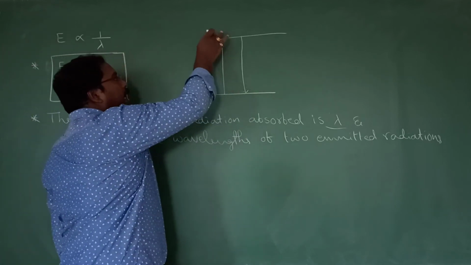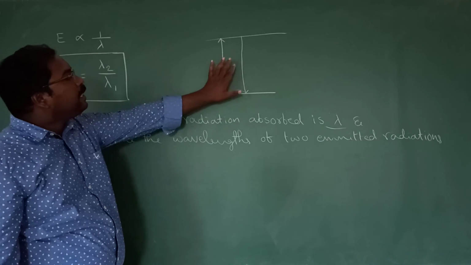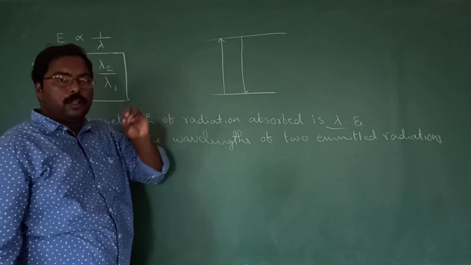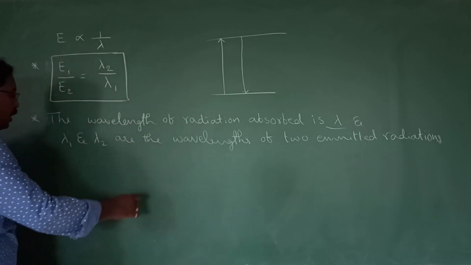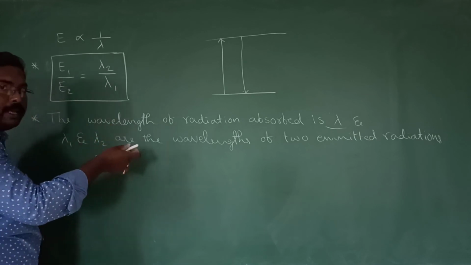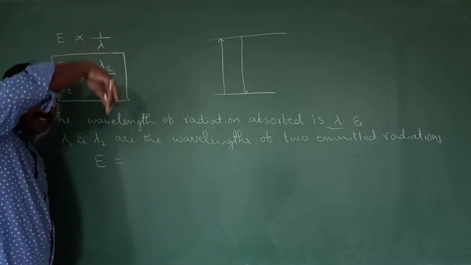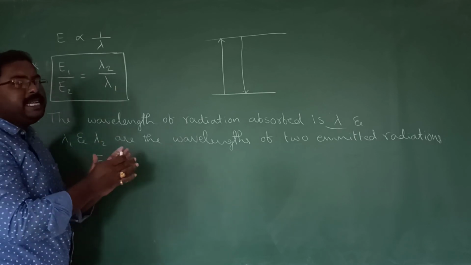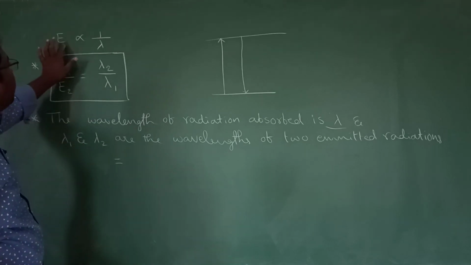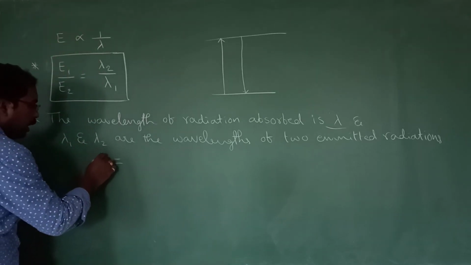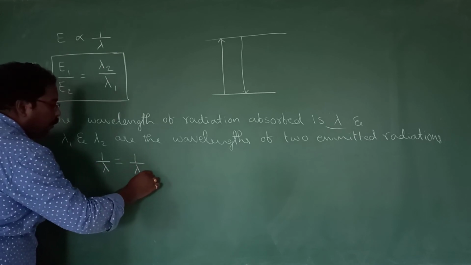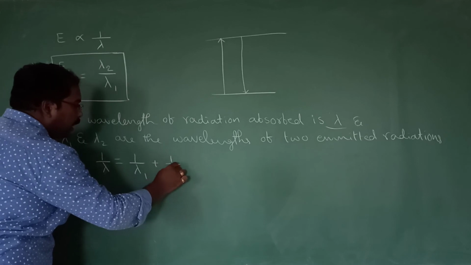The energy required to jump is exactly the same as the energy released when it is coming down. So the energy emitted while coming down is the same as the energy absorbed. Based on that concept, energy and wavelength are inversely proportional. So I can say 1 by lambda is equal to 1 by lambda 1 plus 1 by lambda 2.